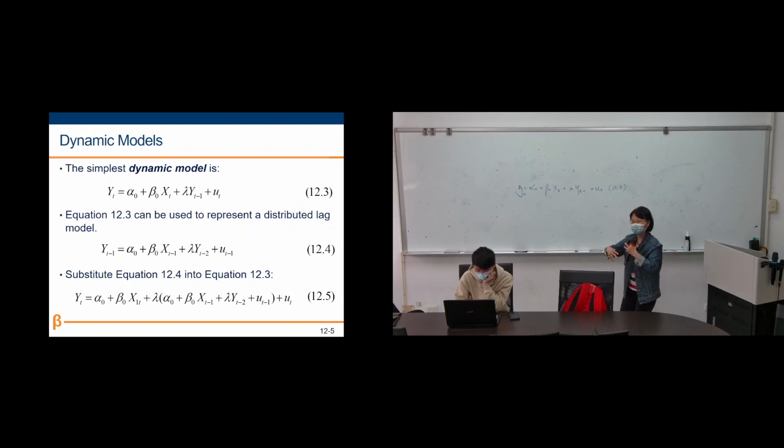And this one can be expressed as a distributed lag model, which means yt equals alpha 0 plus beta 0 xt.